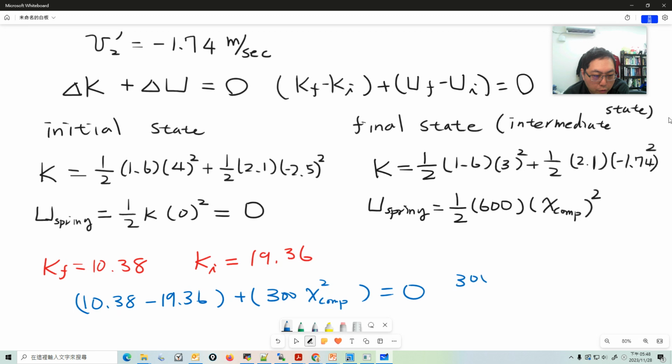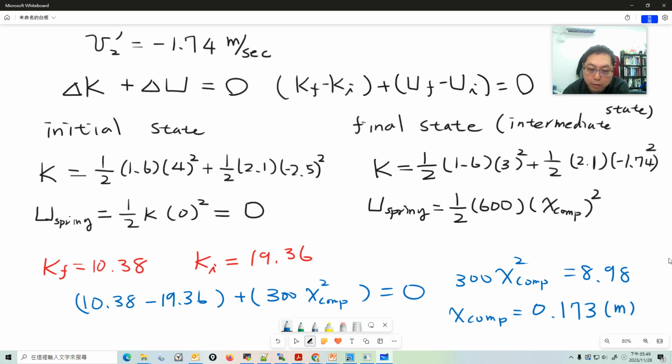So we will have 300 times the compression value squared equal to 19.36 minus 10.38, which is 8.98. So the compression value is 0.173. The unit is meter because we all use the MKS system. So that's the compression value at this particular intermediate state.